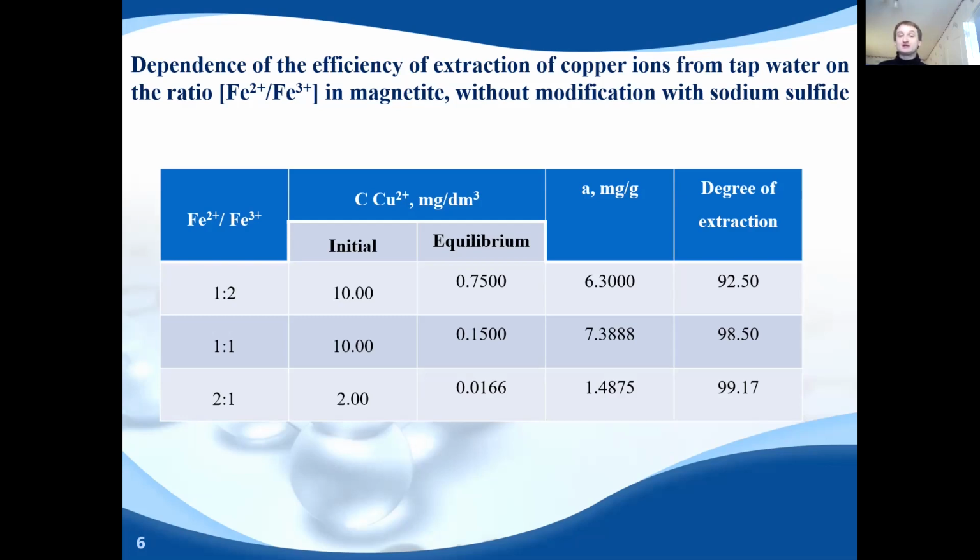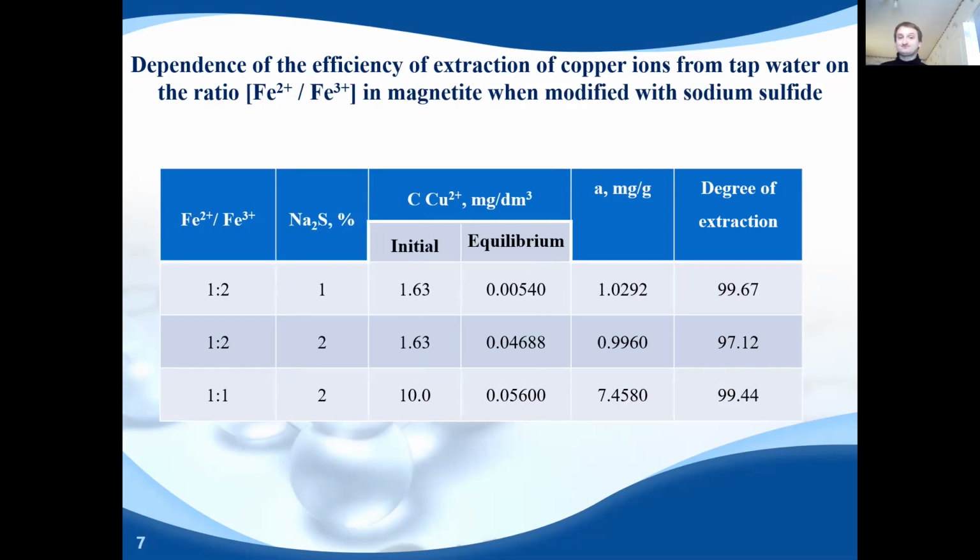When using magnetite modified with sodium sulfide, the concentration of copper was reduced to 5.44 milligrams per cubic decimeter at K 1 to 2. Slide 6 and slide 7.